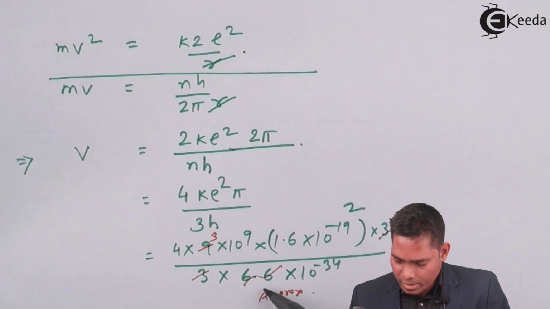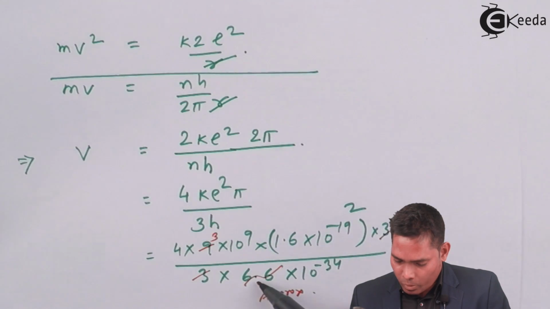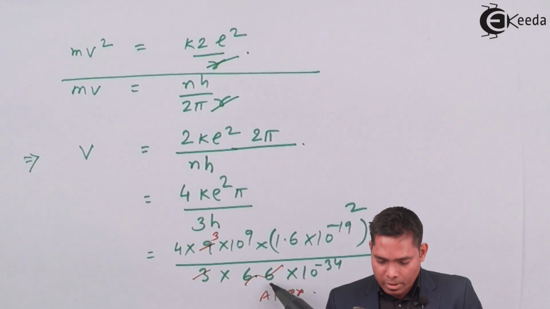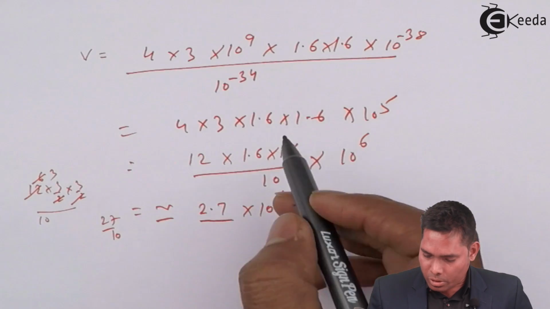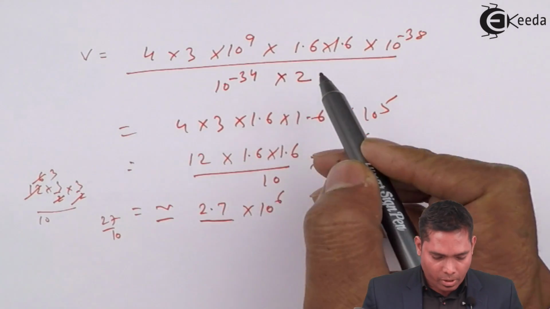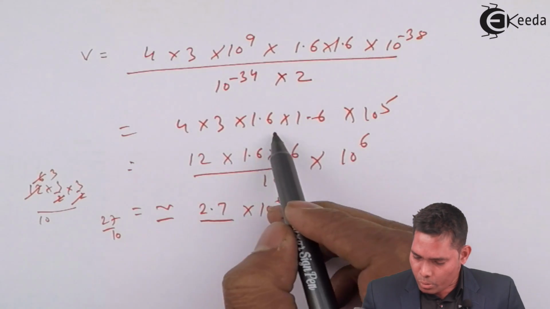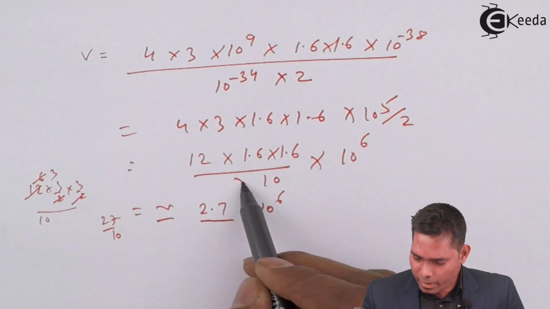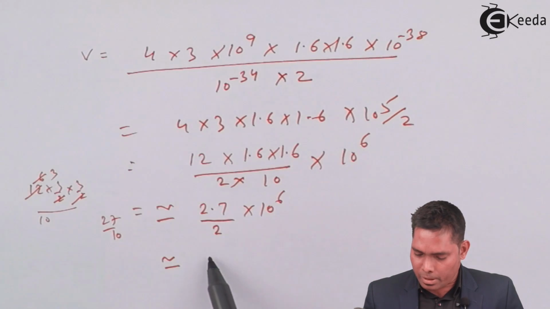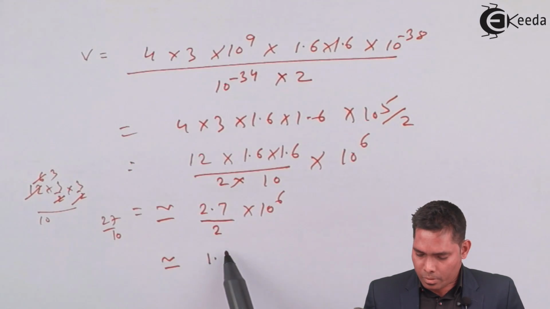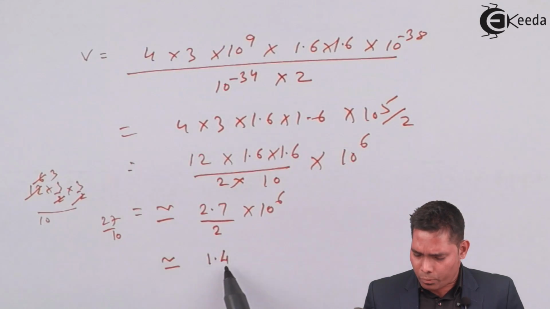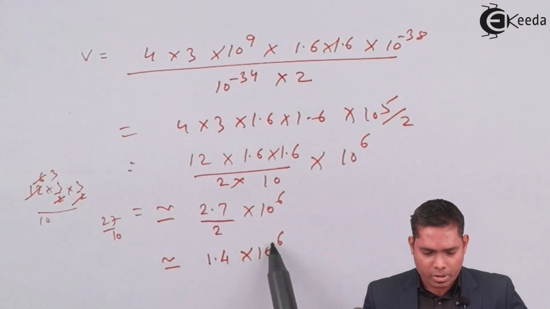When I cut this, it would have been more than this. 2 is there, that 2 I have not written, so this 2 is also there. Okay, because when you cut this, approximately it becomes 2 is there, so 2 is finally divided. From it 2 is divided is approximately 1.4. Approximately 1.4 10 to the power 6.